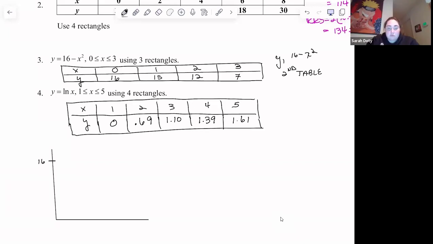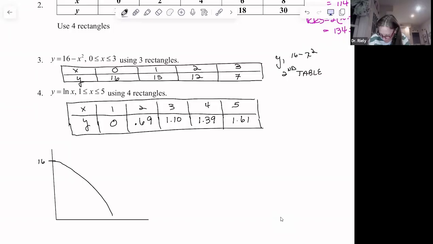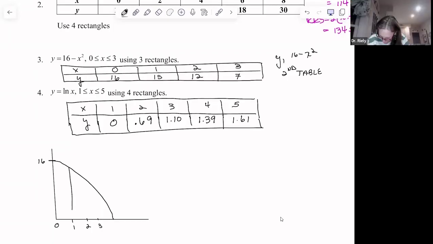So this is where my 16 is, and then I'm going to go like this. So I'm getting the area under there. And then this would be 0, 1, 2, 3. And then I can do my rectangles from there.